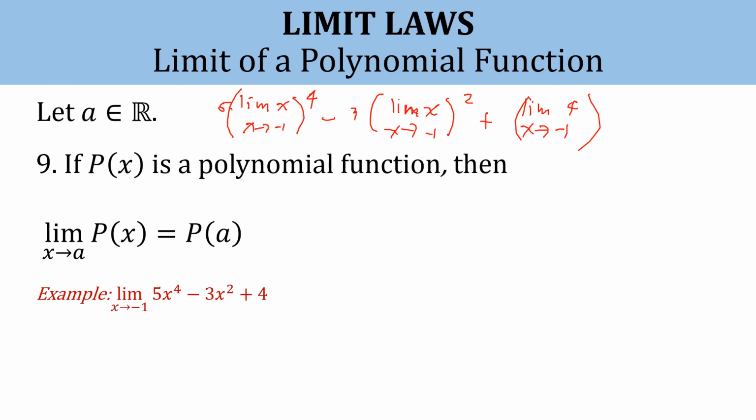A polynomial function is a function whose terms have positive integral powers. So when I say f of x is equal to 3x to the power of 1/2, that's not a polynomial function because 1/2 is not an integer. That is a fraction.